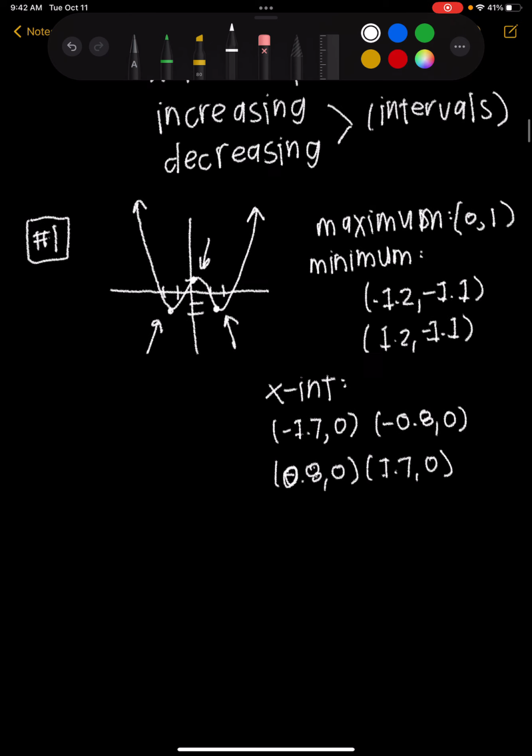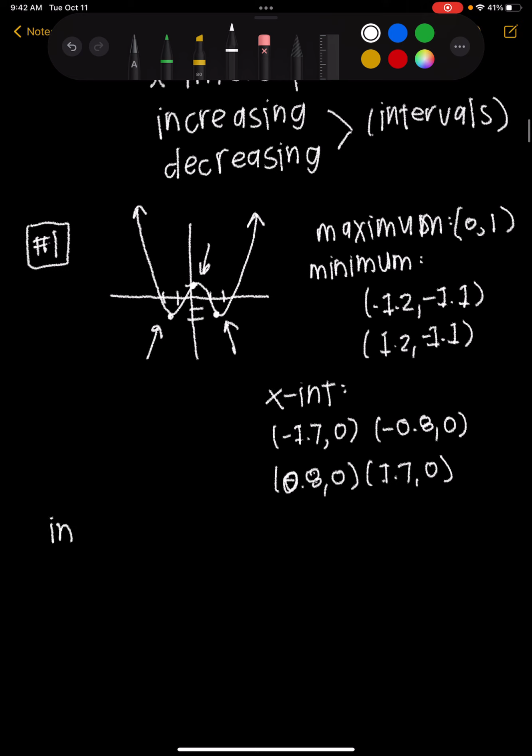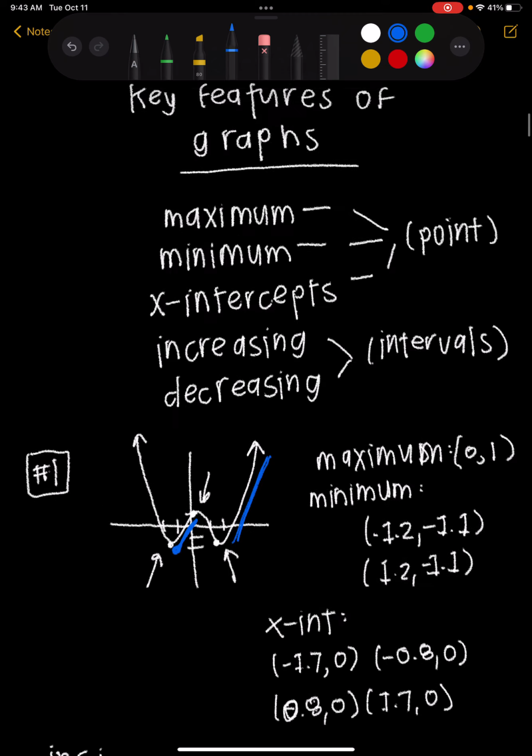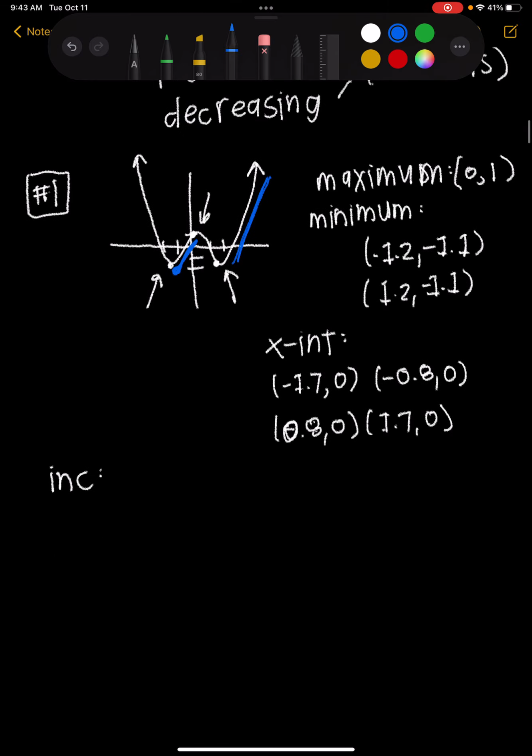Okay, now we're almost done. We're going to talk about increasing and decreasing. So where it's increasing is where it has a positive slope. There's two sections where it has a positive slope, and I'm going to show you with a different color. So right here it has a positive slope, and then right here it has a positive slope. So what we're going to do is write intervals where it has a positive slope. So what I want to see is this point right here, from the lowest point to the highest point right here.